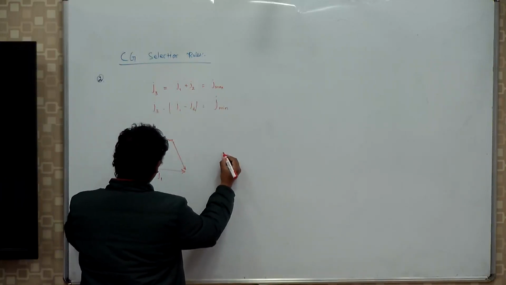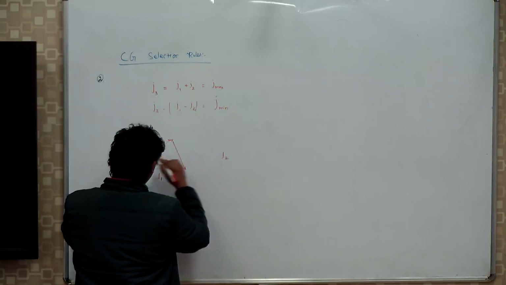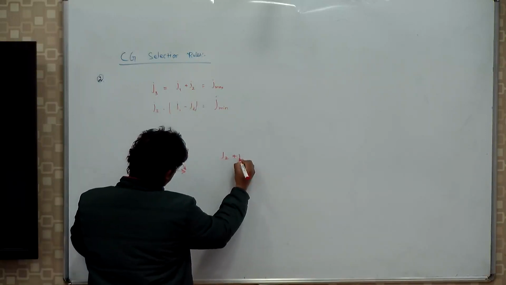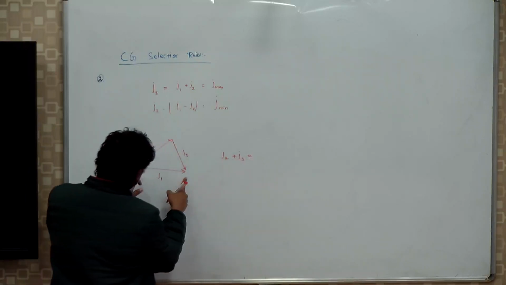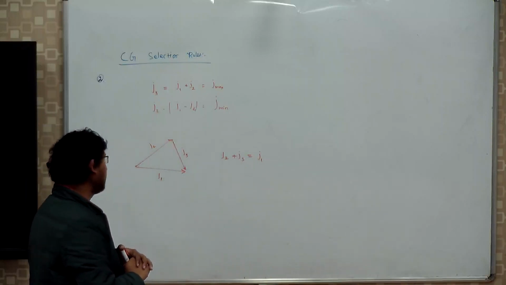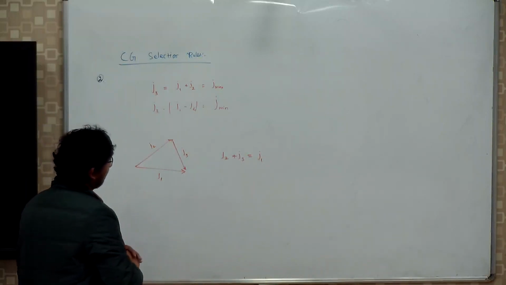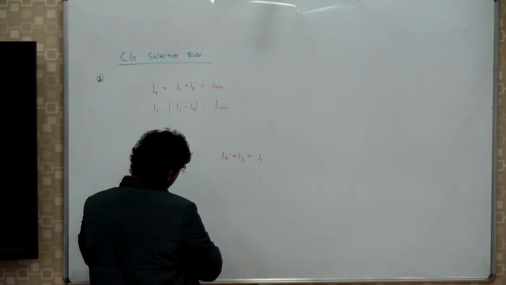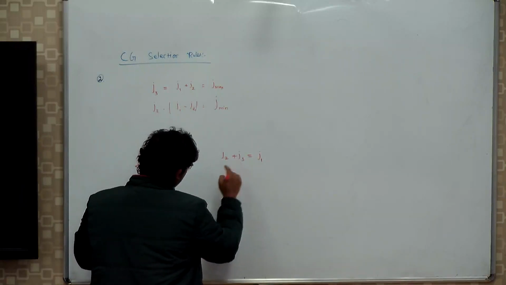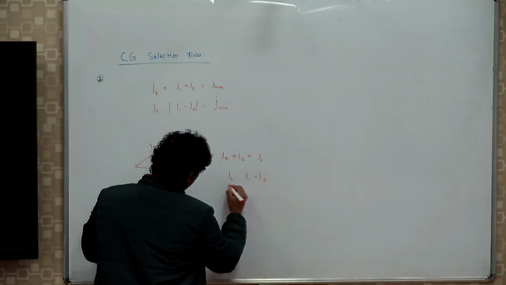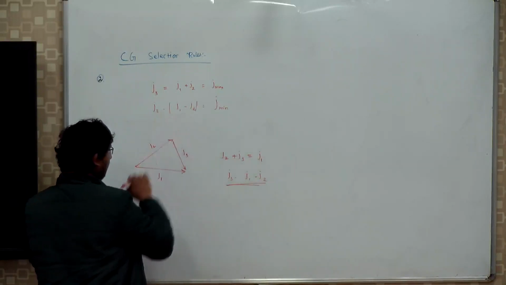From this figure one can write J2 plus J3 is nothing but J1. It is actually the triangular law of addition of vectors. So this J1 will come. So what will be the value of J3 here? J1 minus J2. This is what we are getting here.